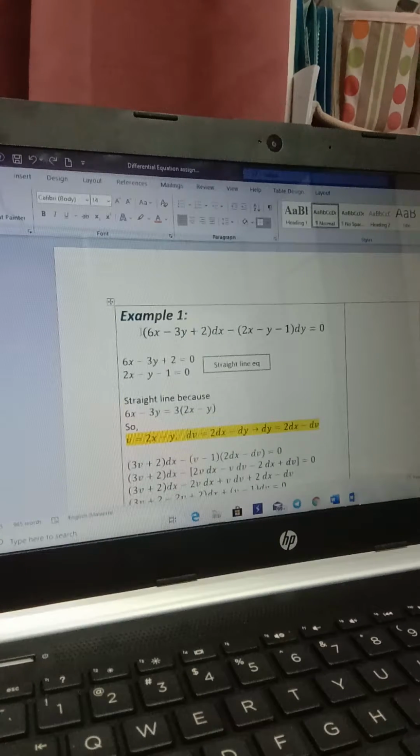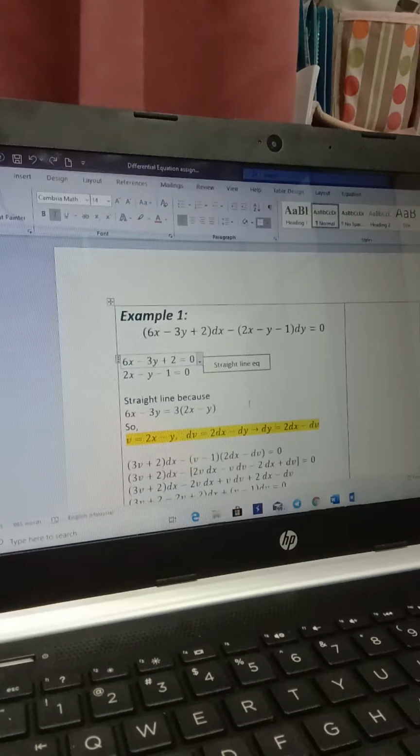How do we know that it is a straight line? Because we get the formula y = mx + c. For the m, or the slope, I got that it is the same, because if I factorize this one, I will get this one. That means it is a straight line. Both are straight and parallel to each other.